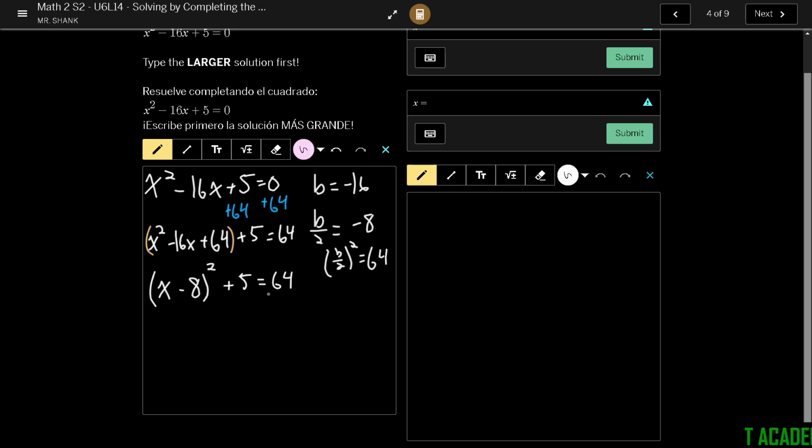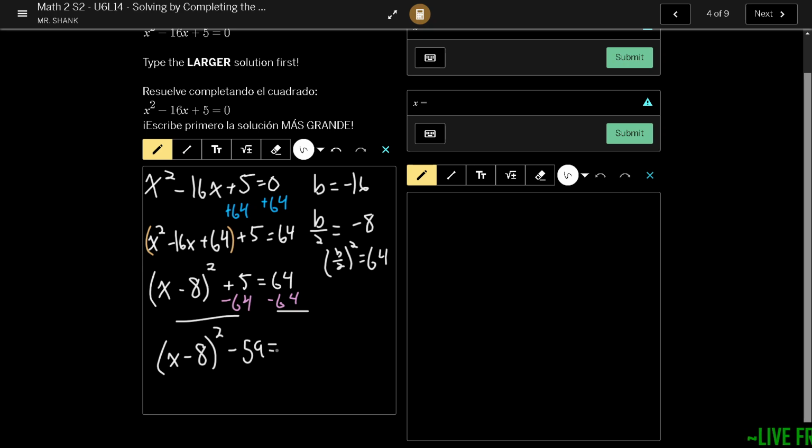Last step, subtract both sides by 64 because we have to have it set equal to 0. So I'm saying minus 64 to both sides. So we're going to say all together, x minus 8 squared minus, what was that, 59?